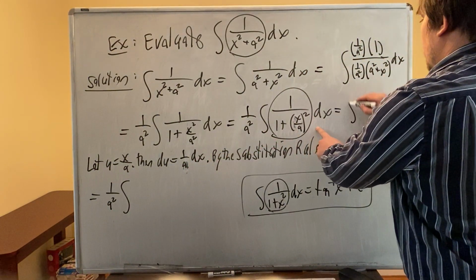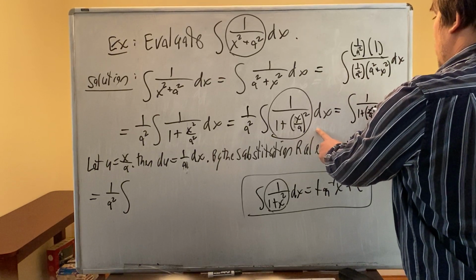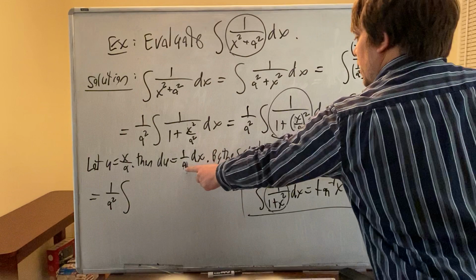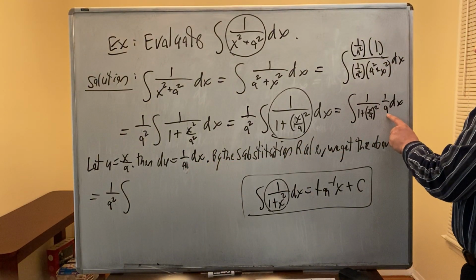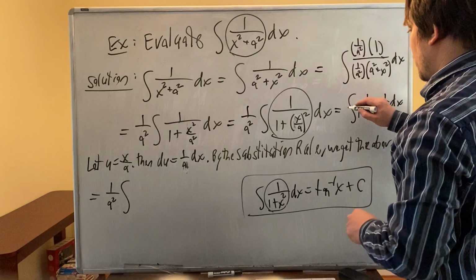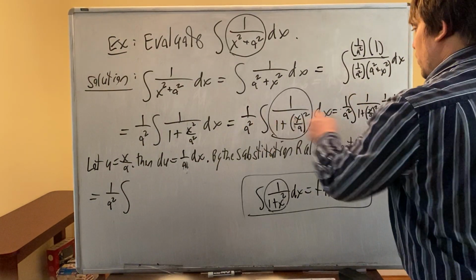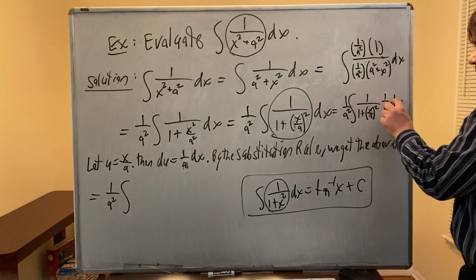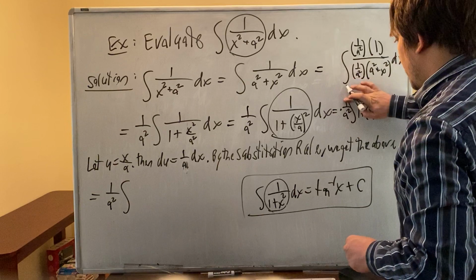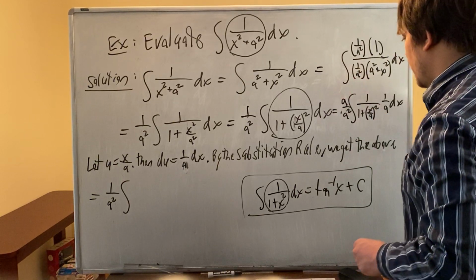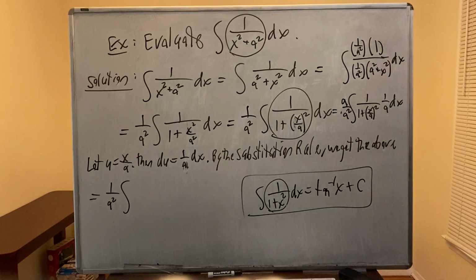To fix that, what I need is a 1 over a here, so I'm going to put that 1 over a there. When I put a 1 over a here, though, I need to fix it by multiplying the outside by a. So I'm putting the a there. Multiplying by 1 over a here, I'm fixing it by multiplying the outside by a.